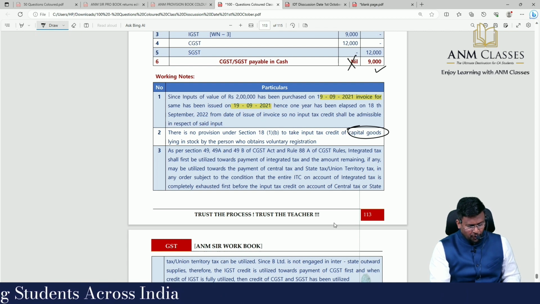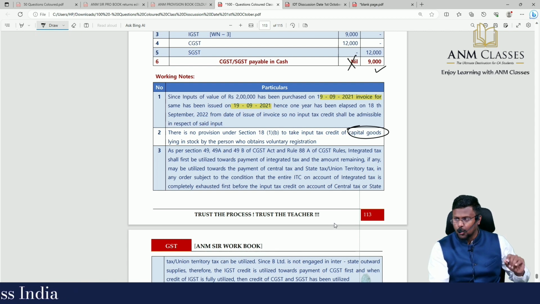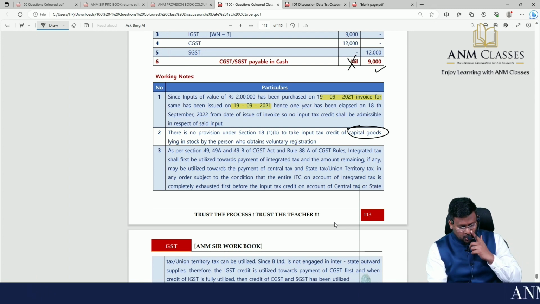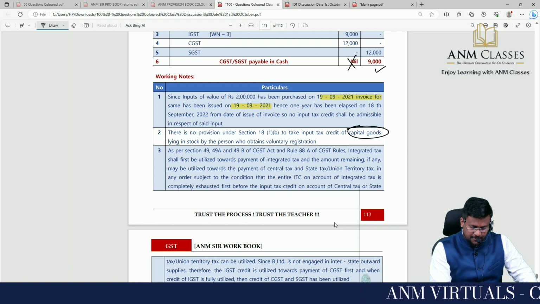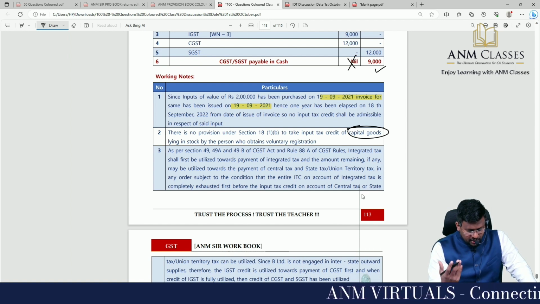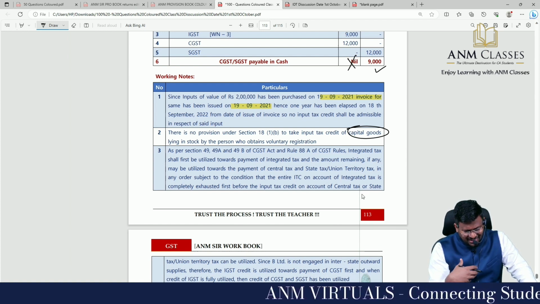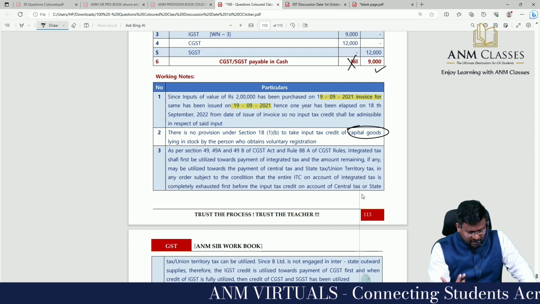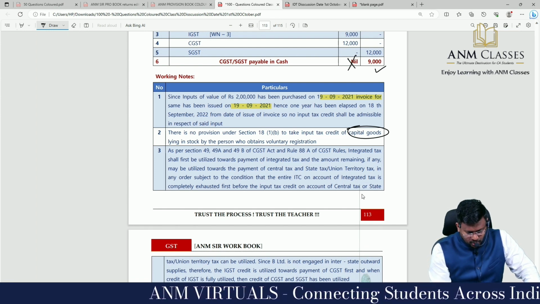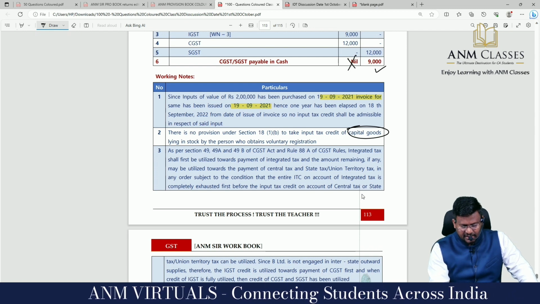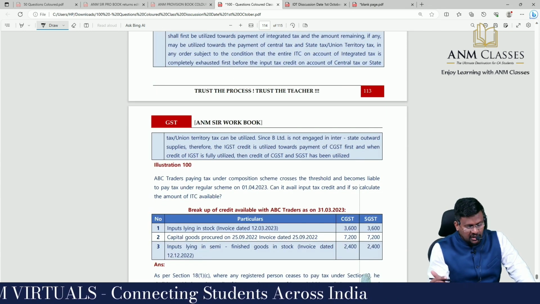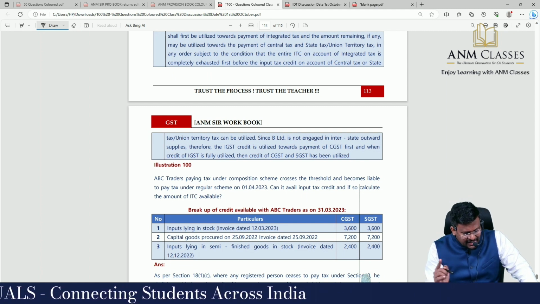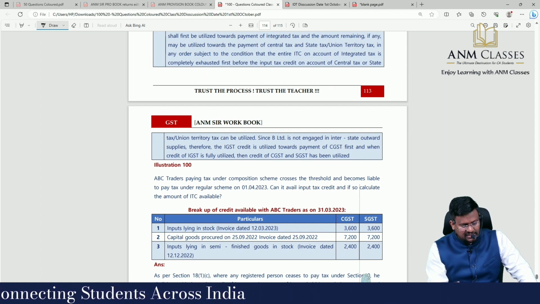As per section 49, 49A, 49B of the CGST Act and rule 88 of the CGST rules, integrated tax shall be first utilized towards payment of any tax, and amount if any may be utilized towards payment of central tax and state tax or union territory tax in any order, subject to condition that entire ITC on account of integrated tax is completely exhausted. First, the input tax credit on account of central tax or state tax or union territory tax can be utilized.